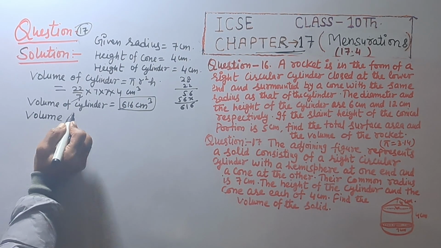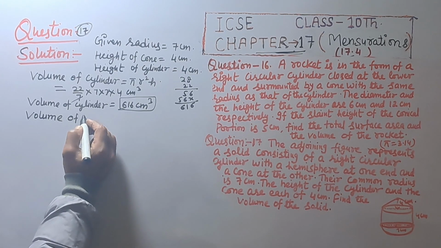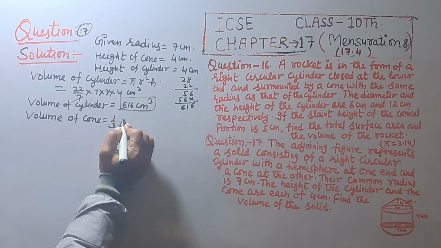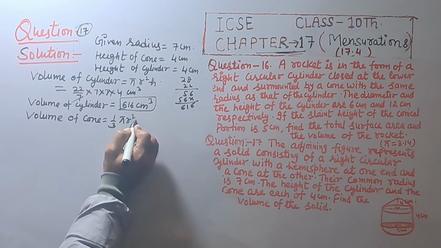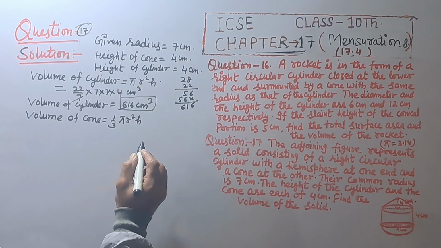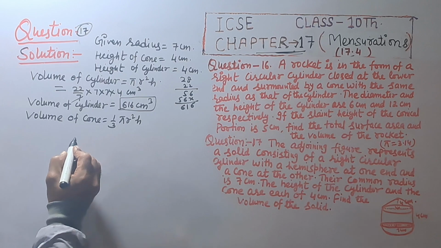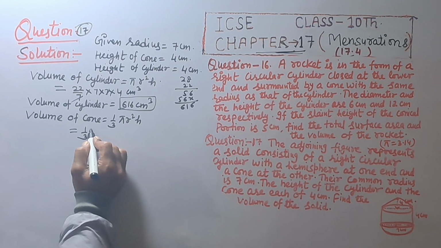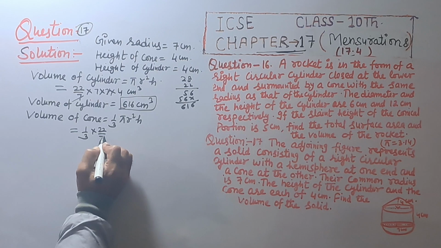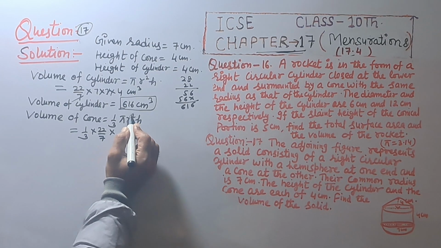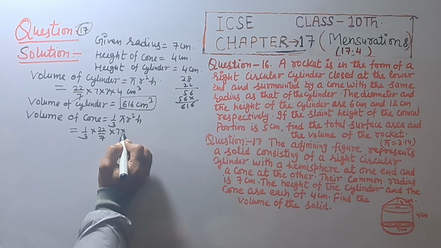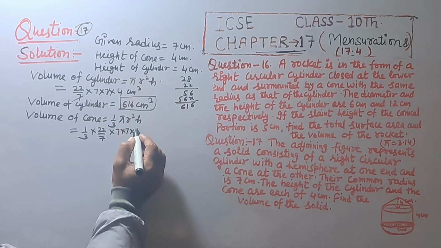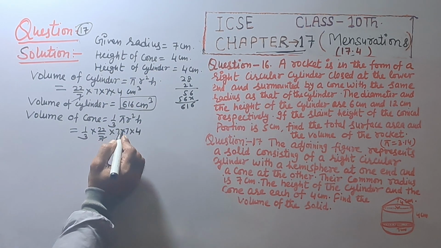And volume of cone equal to 1/3 pi r square h, that is equal to 1/3 into pi is 22/7 into radius is 7 into 7 into height of cone is also 4. This is cancelled.